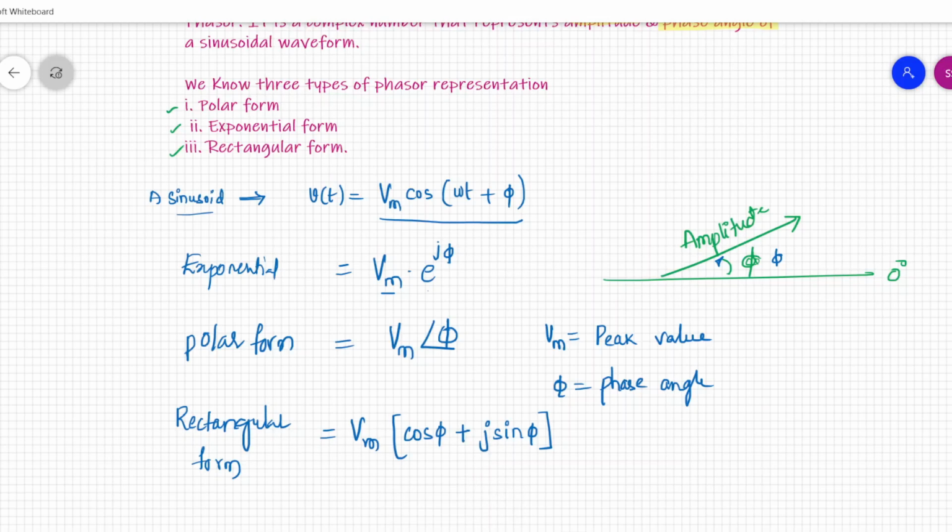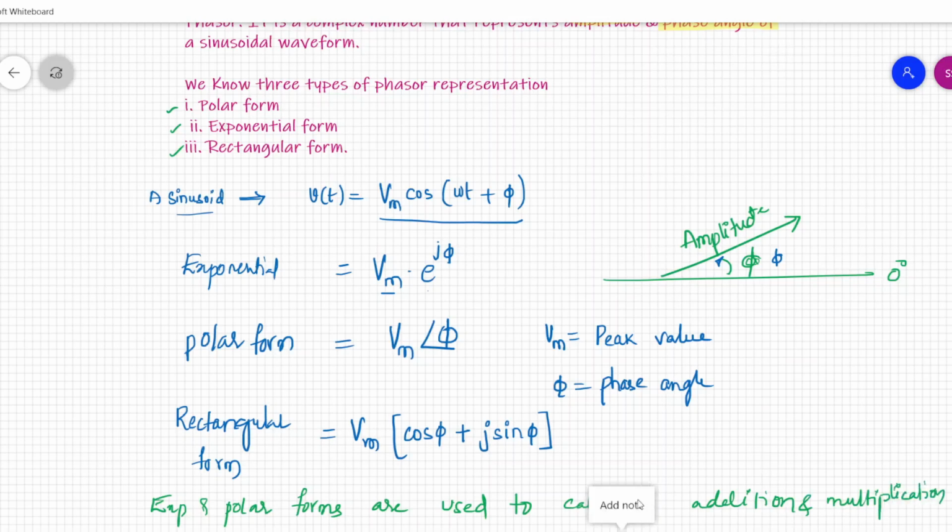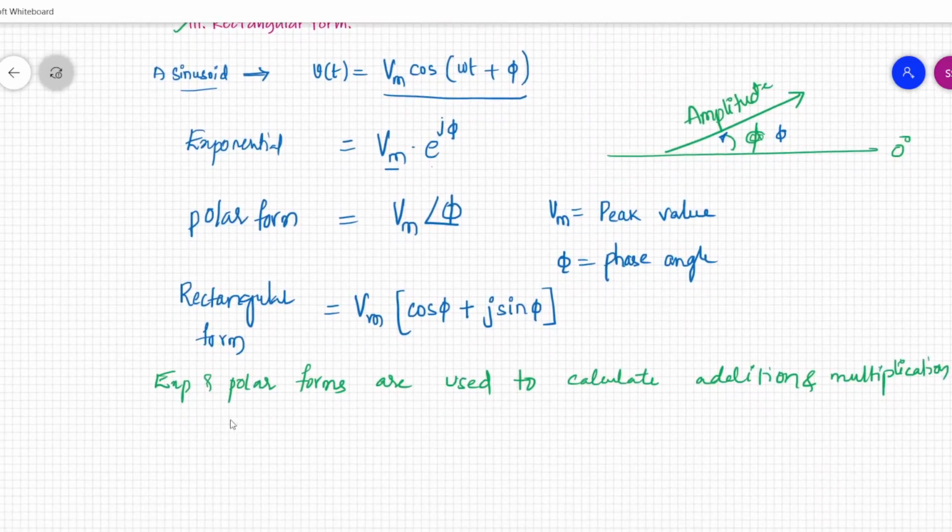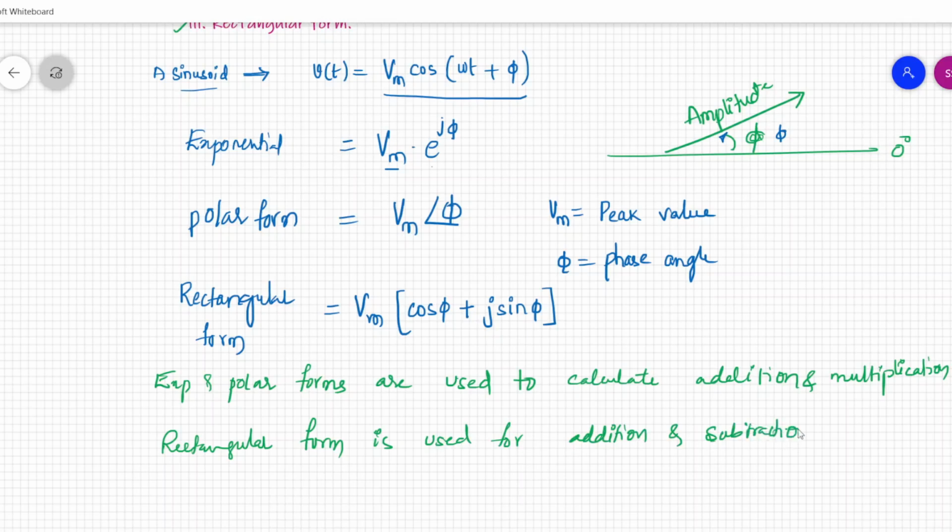The exponential form and polar form are used to calculate multiplication and division of phasors, whereas the rectangular form is used for addition as well as subtraction of phasors. Okay, so these are the points to remember.